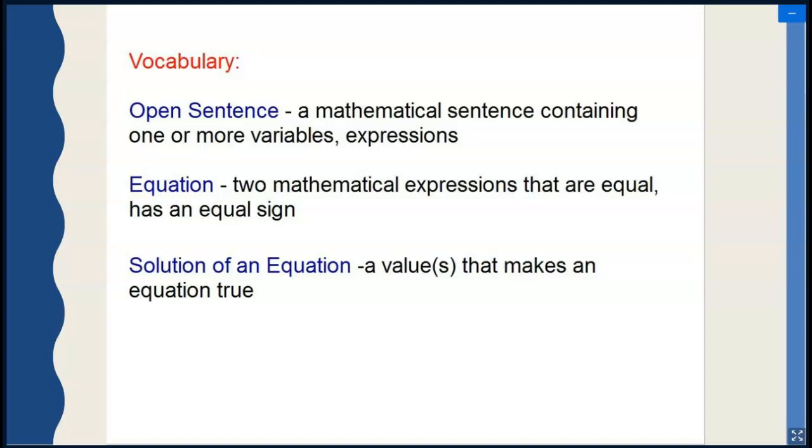All right, so we have some new vocabulary. The first word we're going to look at is open sentence. An open sentence is a mathematical sentence containing one or more variables or expressions.